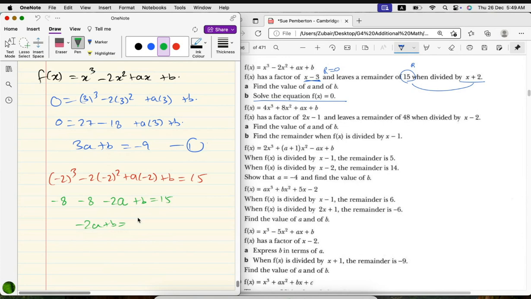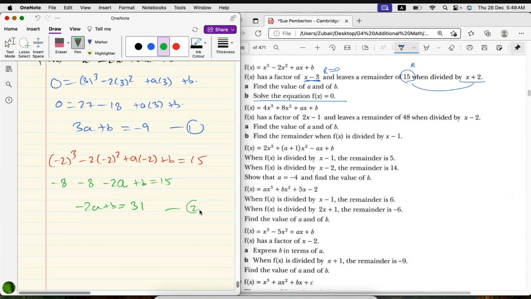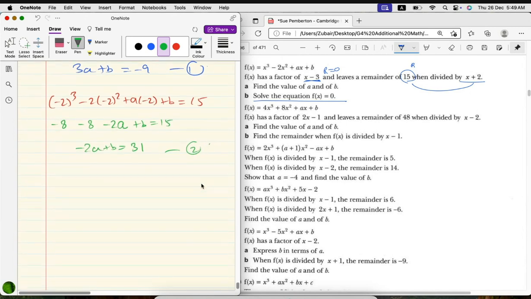Plus 16 is 31. It's a quotient. a plus b equals minus 9, minus 2a plus b is equal to 31.